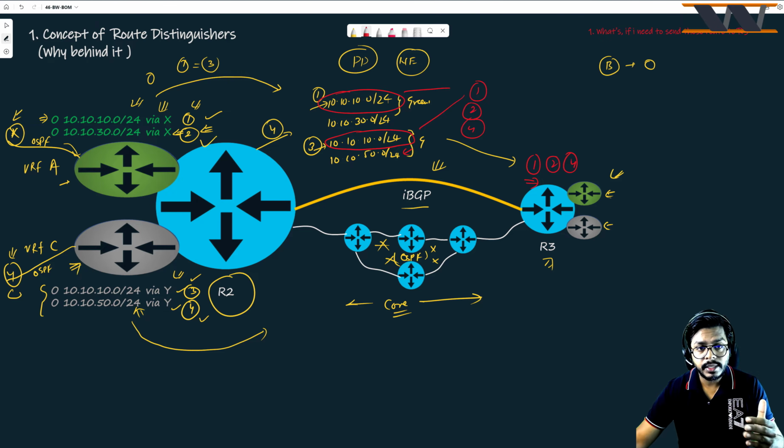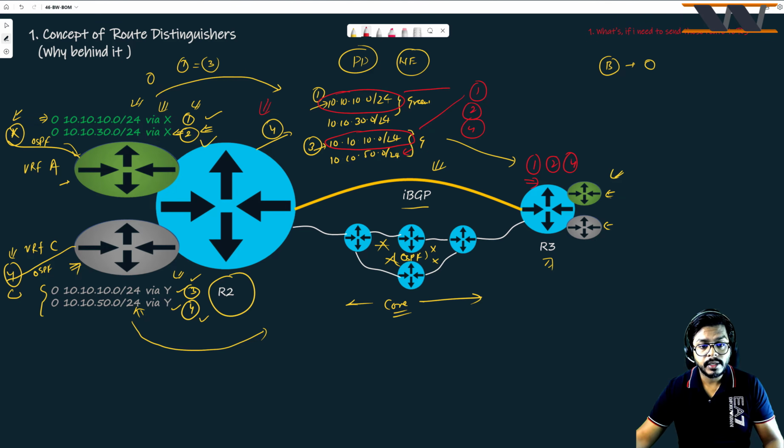I was interested in sending four routes, but the BGP process is sending three routes, which is not correct, because these four routes are different to me. Although the BGP system is thinking that route number one and route number three are the same, they are not, because any customer can come with an overlapping address range. What is the meaning of overlapping IP address range?